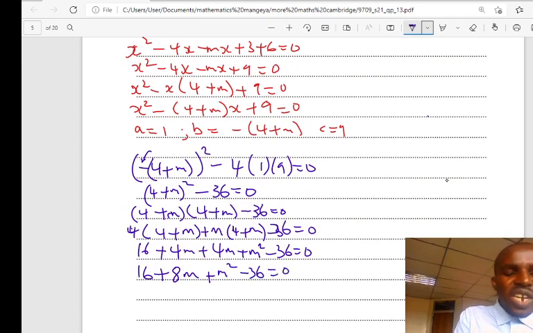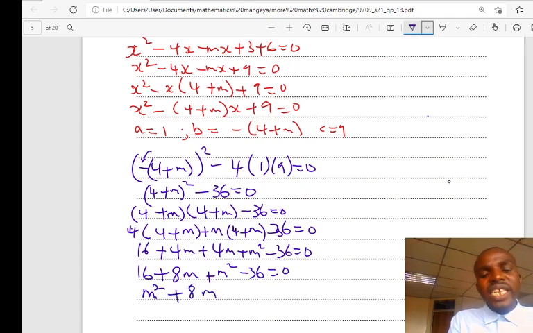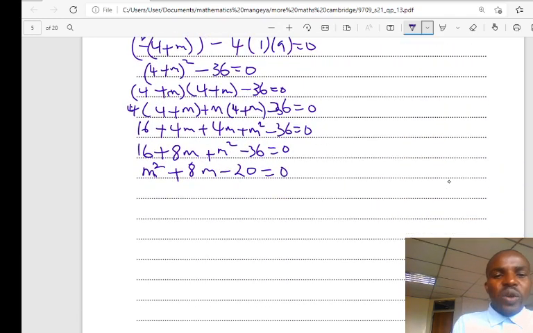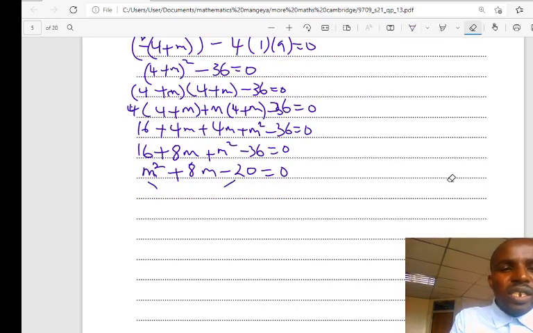Now express the quadratic equation in m. It will be m squared plus 8m. Then 16 minus 36 is minus 20, is equal to 0. Then let's factorize this one. This and this multiply, it will be minus 20 m squared. Minus 20.